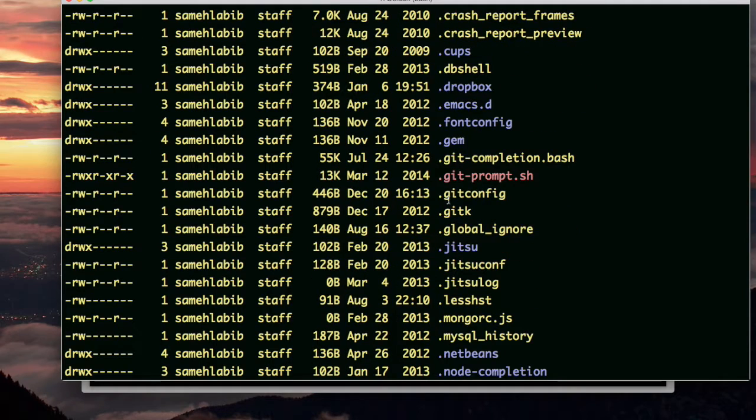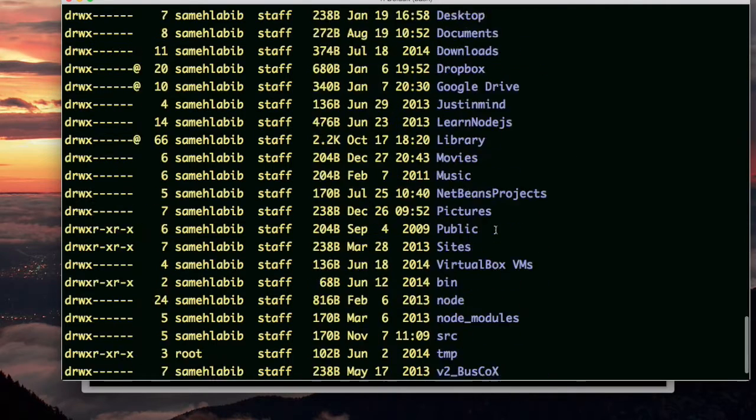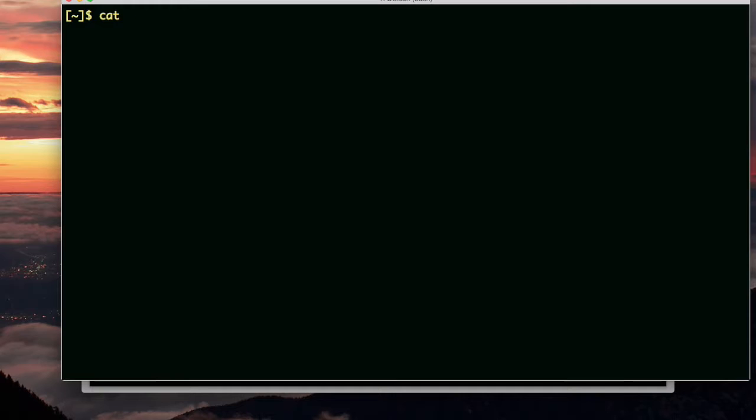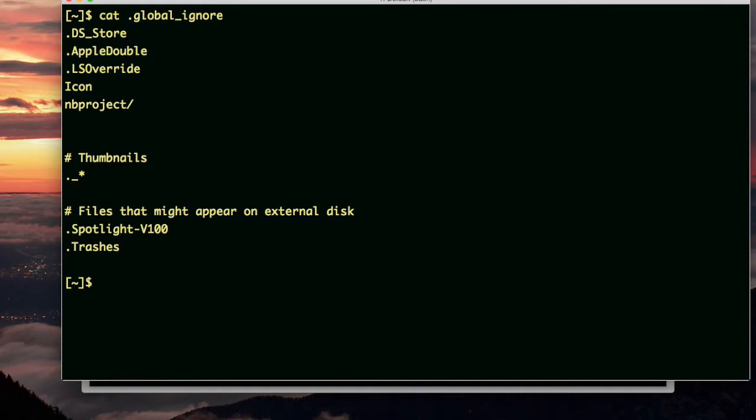We have .gitconfig here, and then we have a .global_ignore. Now let's see what's in this global ignore. cat .global_ignore. All right, I have this DS_Store thing, AppleDouble. I got these from somewhere.